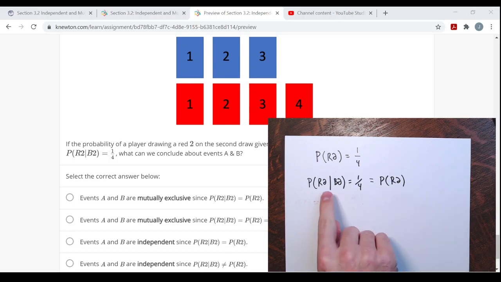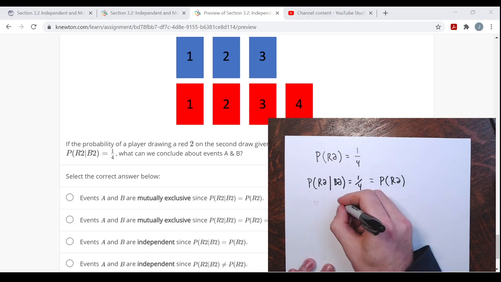So since these are equal, the fact that you drew a blue 2 in the first card has no effect on drawing a red 2. They have the same probability. It didn't change the probability of drawing a red 2. So drawing a red 2 on the second card and drawing a blue 2 on the first card are independent.